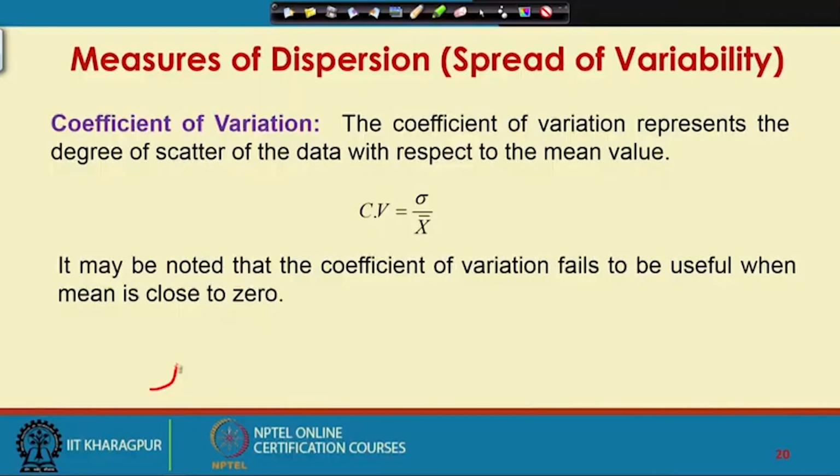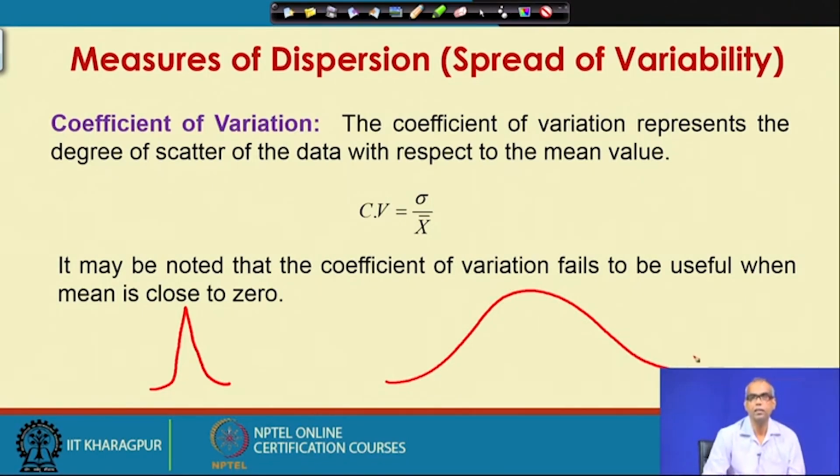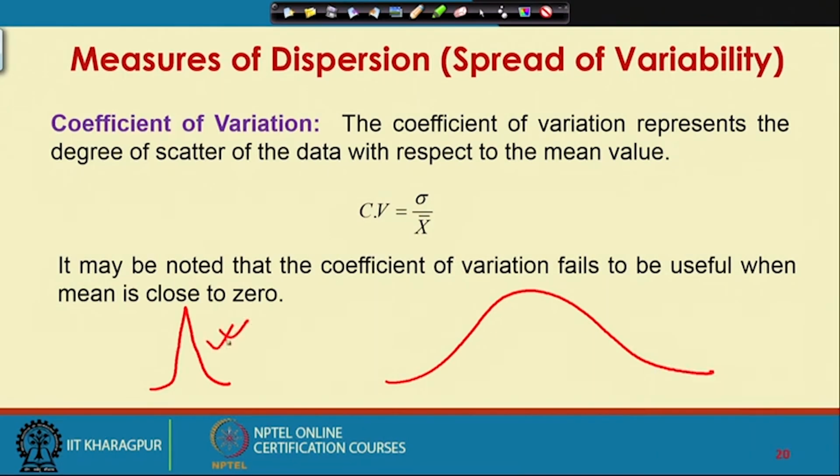So, if you have a distribution like this on one hand, and a distribution like this on the other hand, here you see that the spread of the data around the mean, or the scatter of data around the mean, is low.